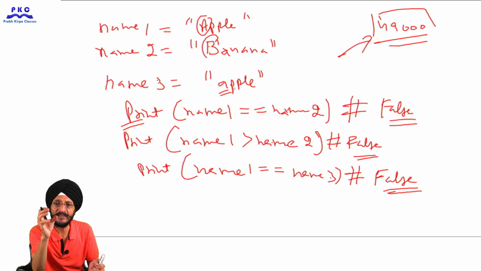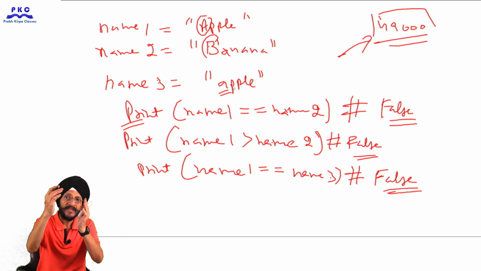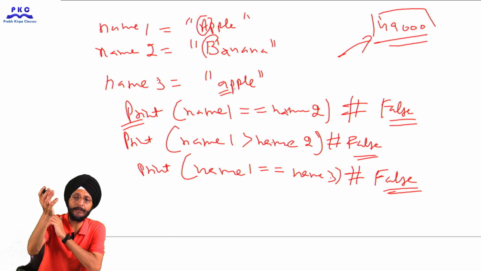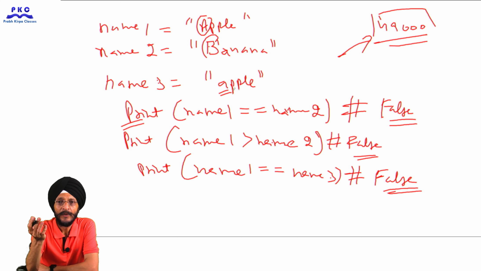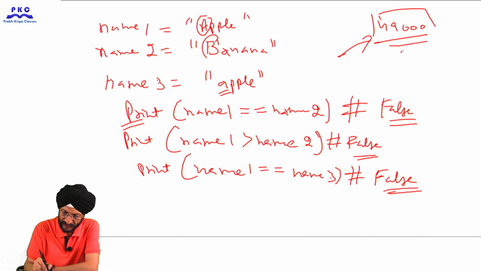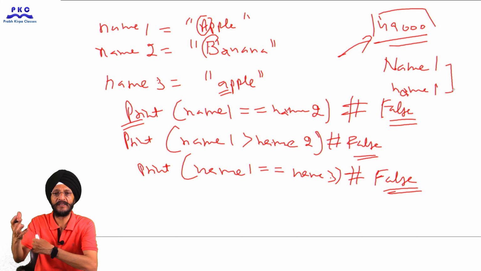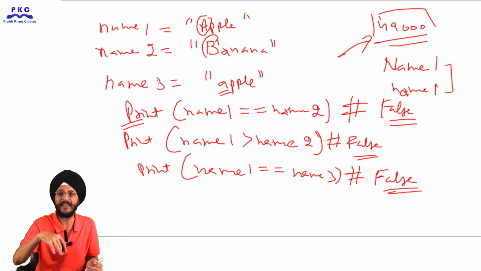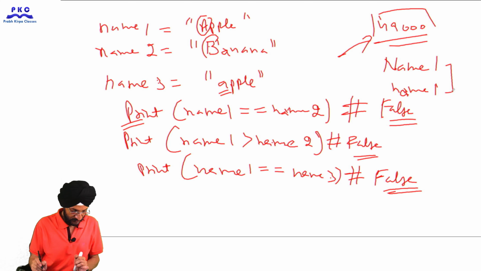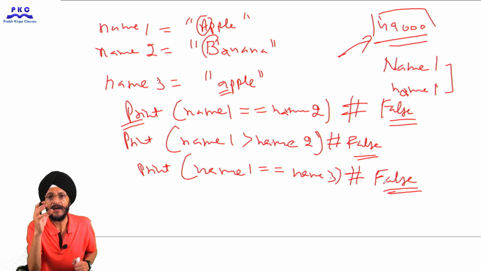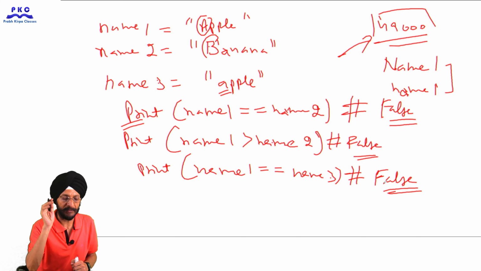Python interpreter recognizes case sensitivity. That is, it differentiates between lowercase and uppercase. It will assume that both the values are different. Even in the case of variables, if we write name 1 in one case and name 1 in another case, Python will take both these as different variables. So Python considers case sensitivity, uppercase and lowercase.